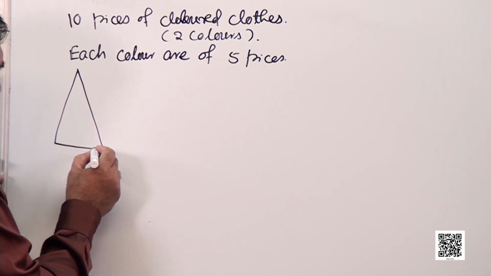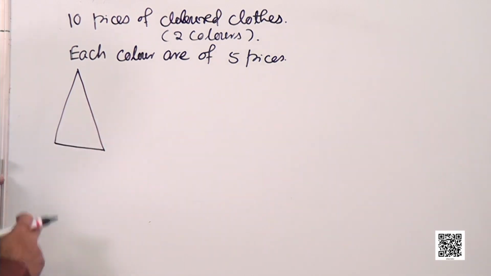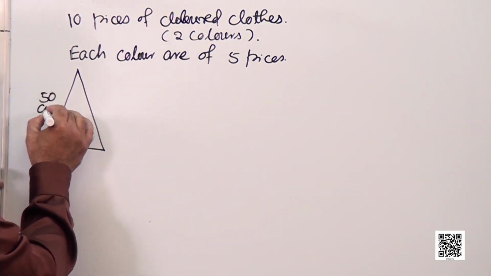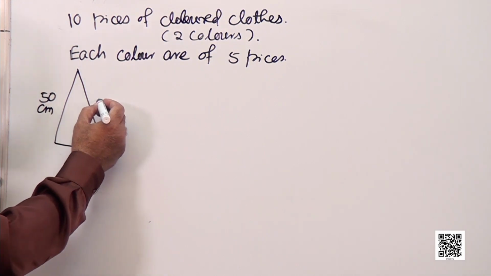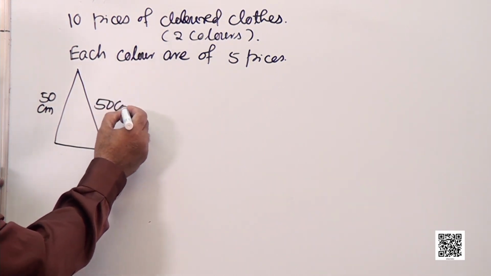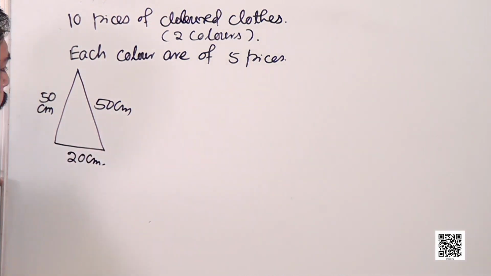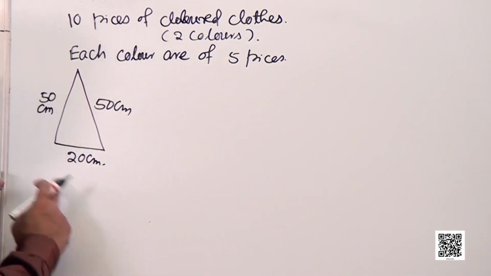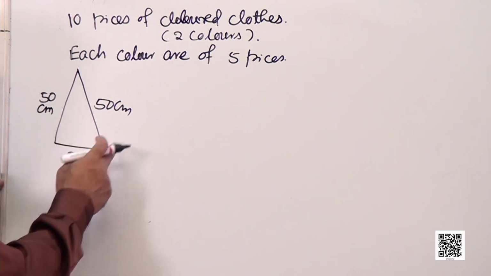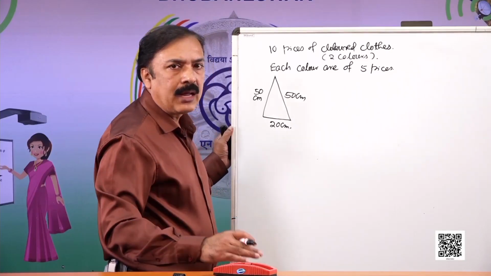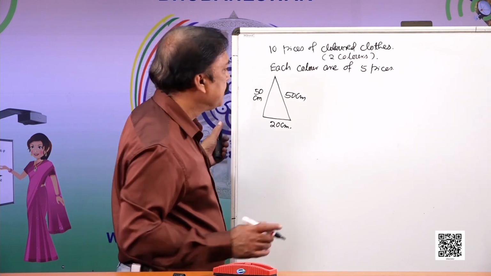This is the dimension of the cloth, 50 centimeter, 50 centimeter, and here it is 20 centimeter. In this figure, we have 3 sides of a triangle. So to find the area, we can apply Heron's formula.